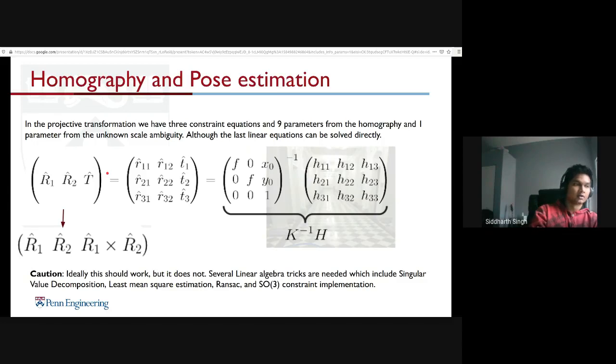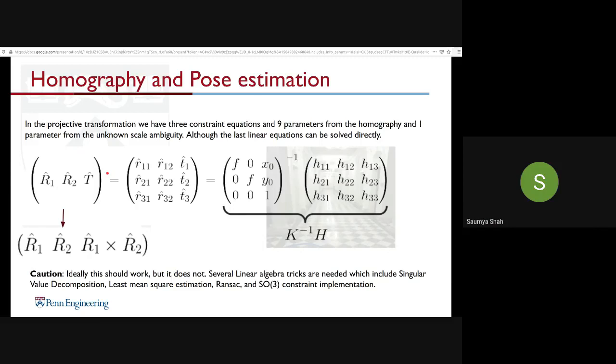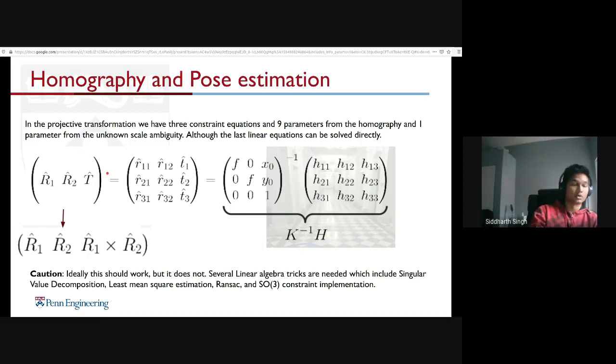If any of you have taken geometrical vision 521, 23, I don't remember exactly. But the rotation matrices lie on the SO3 Lie space, and the specific property, which is actually in the name, is that it is the special orthogonal group 3, which means that the three columns of the matrix are orthogonal to each other, right?